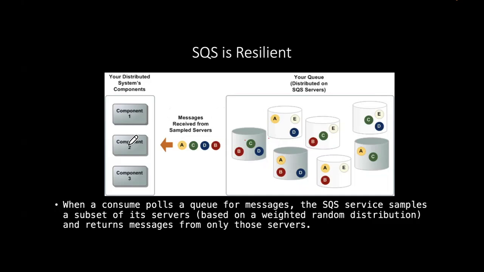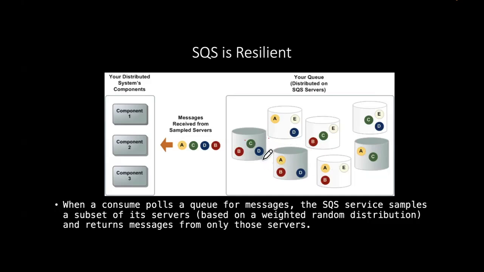Now, on the consumer side, we have three consumers here, but let's assume there is only one consumer. When it asks SQS for a batch of messages, SQS arbitrarily selects a subset of these nodes, based on some algorithm. We have no control over it. So based on the coloring here, let's suppose it selected this node and this node and this node. It reads a batch of messages from that subset of nodes.